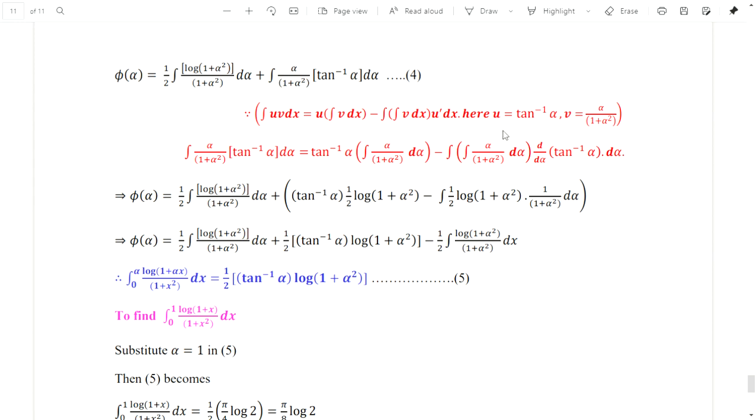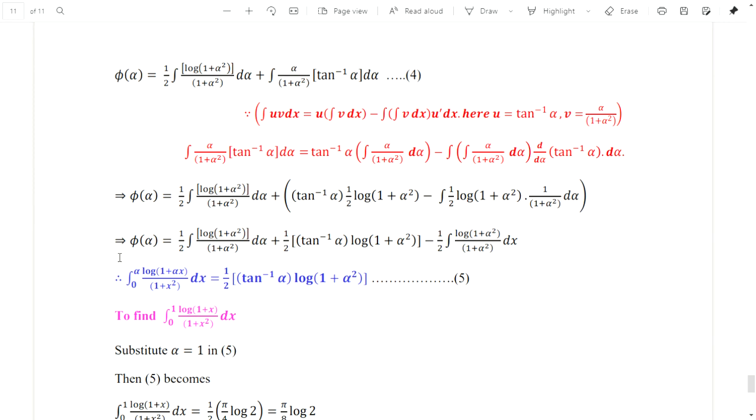So by substituting the values, we will get tan inverse alpha into integral of alpha by 1 plus alpha squared, which is 1 by 2 into log of 1 plus alpha squared by applying f dash of x divided by f of x formula, minus integral of this half into log of 1 plus alpha squared into differentiation of tan inverse alpha. Differentiation of tan inverse alpha is 1 by 1 plus alpha squared into d alpha.